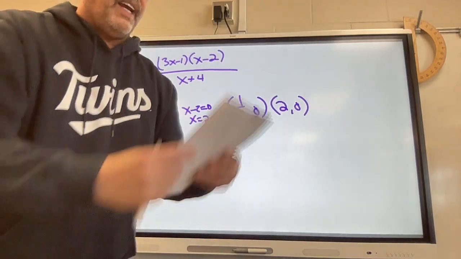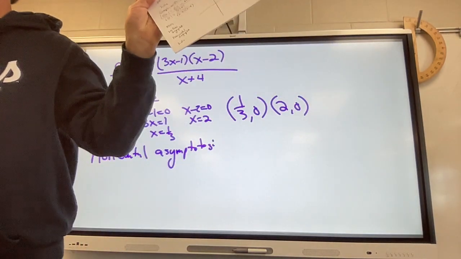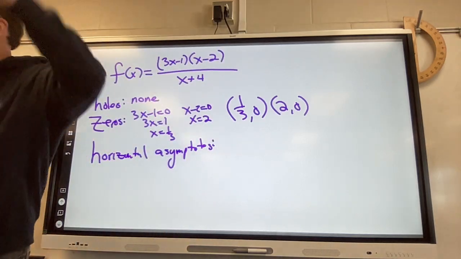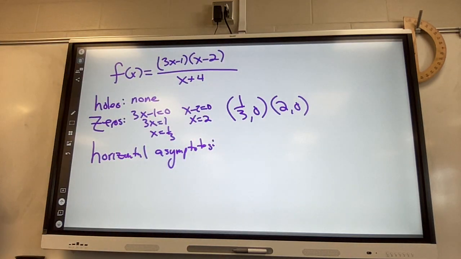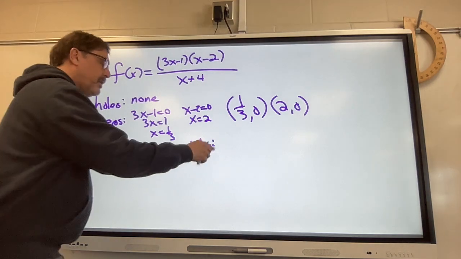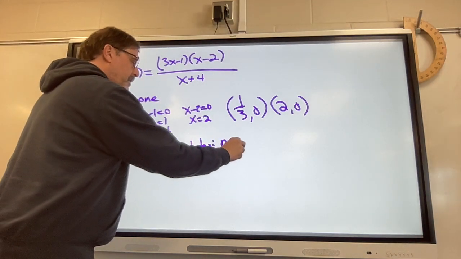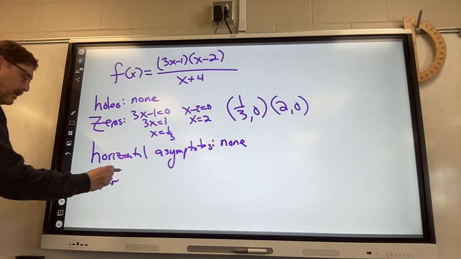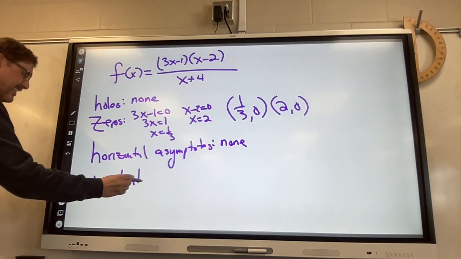The directions say, if the power of the top is bigger than the bottom, there's no asymptote. Is the degree of the top bigger than the bottom? Horizontal asymptote? Right, none. I'm going to try to explain why on that a little bit later.